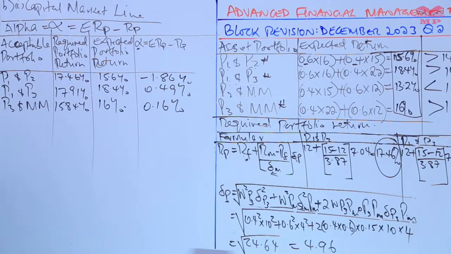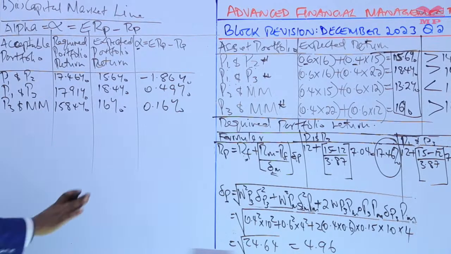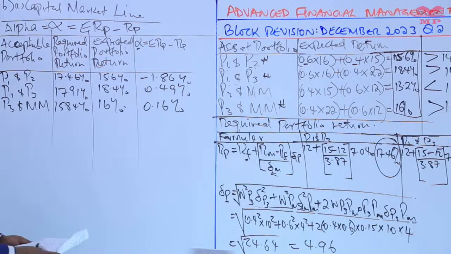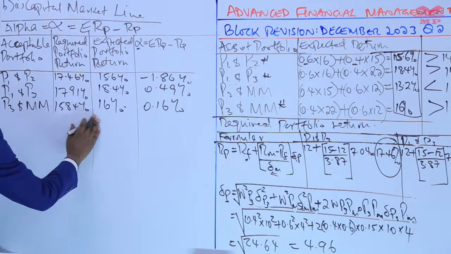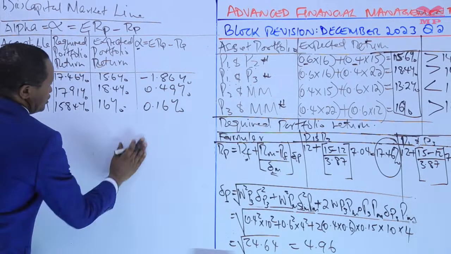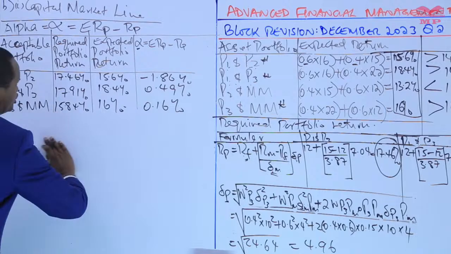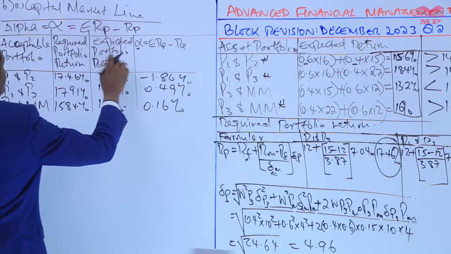So you can see we have analyzed. The question was, evaluate how Daniel Wekesa should invest the 5 million using the capital market line analysis in portfolio theory. So we started by saying that we ought to calculate the alphas for each portfolio.